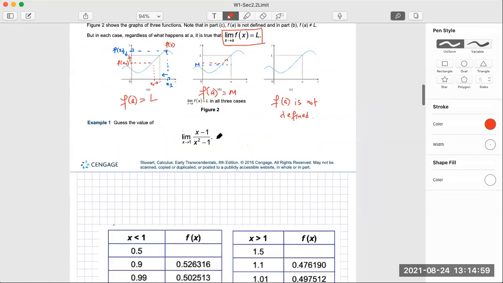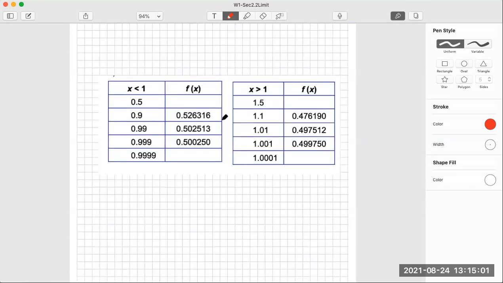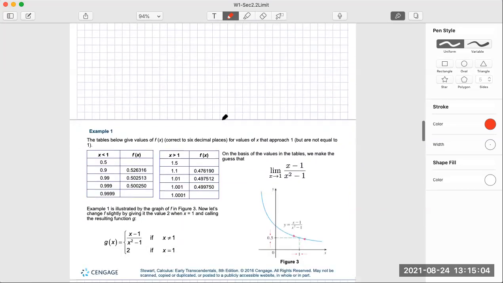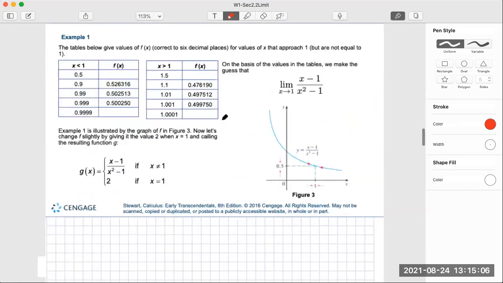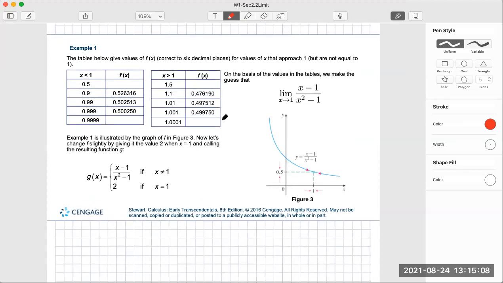So here is the table of the previous function. Now, let us take a look at this example very quickly. Example 1. We are given the function f of x is x minus 1 divided by x squared minus 1.